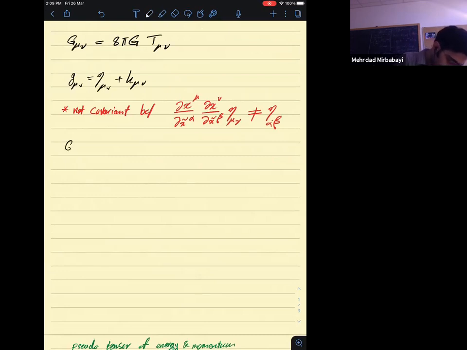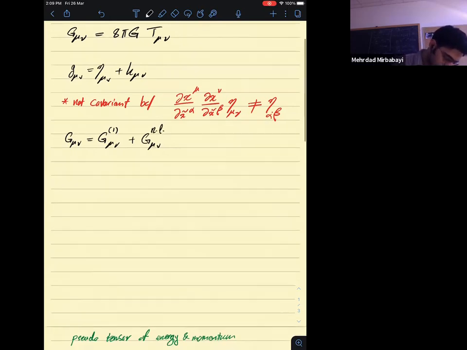Then I take the first term in this expansion and call it G1. Sometimes I call it G linear. And then the rest will be G nonlinear.